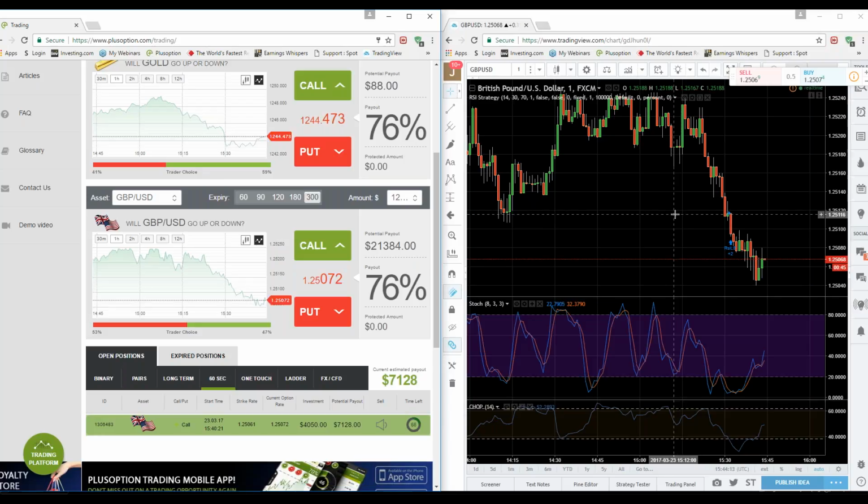Just over a minute to go. We still are about 11, 12 pips in the money.